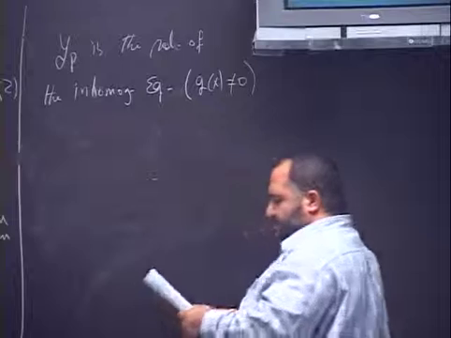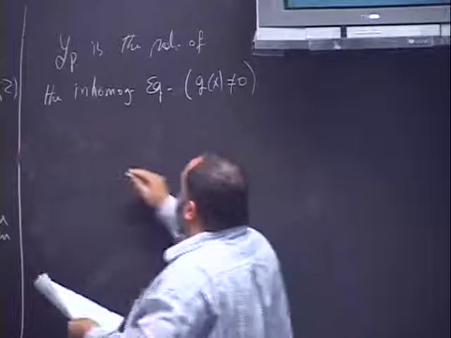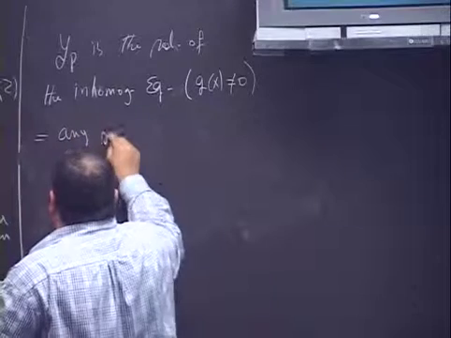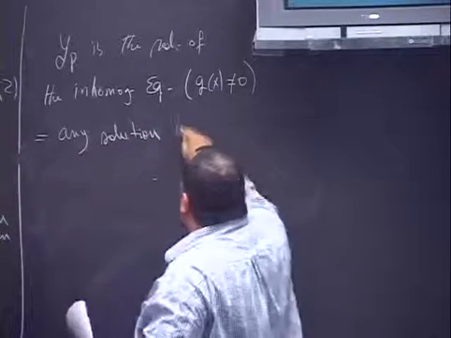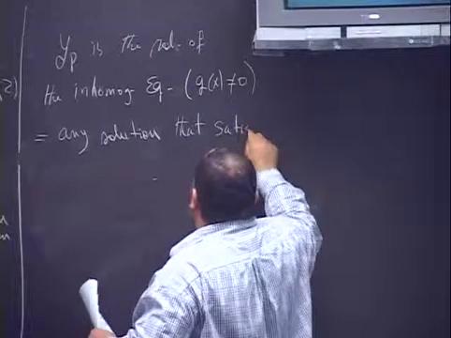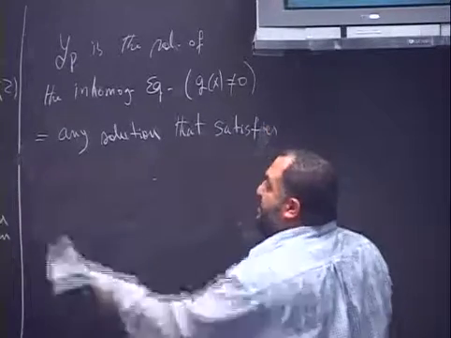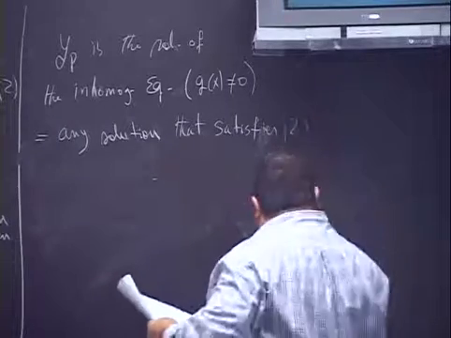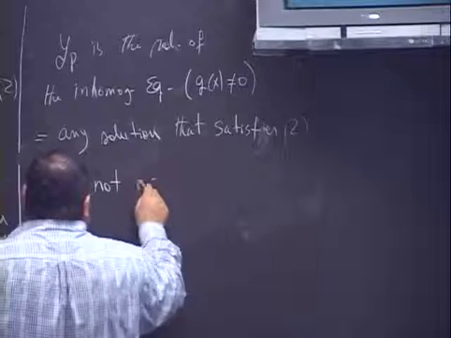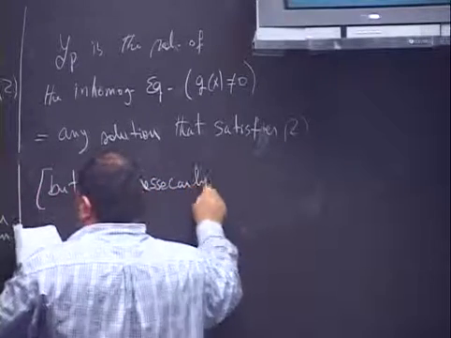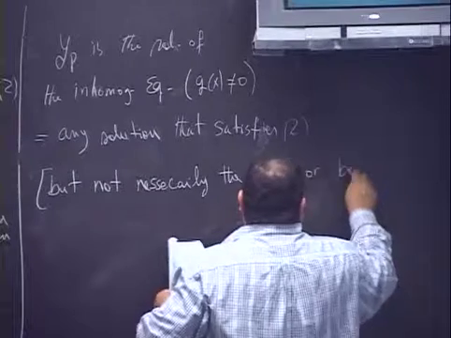g of x does not equal 0. And yp is any solution that satisfies equation number 2 over there, that satisfies 2 but not necessarily the initial or boundary conditions.